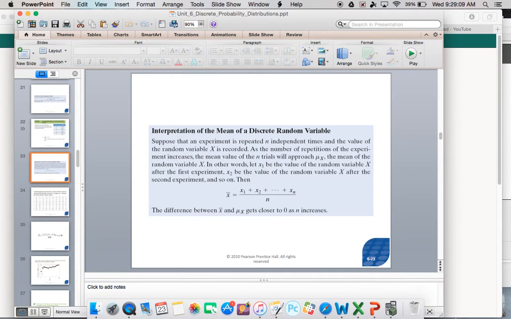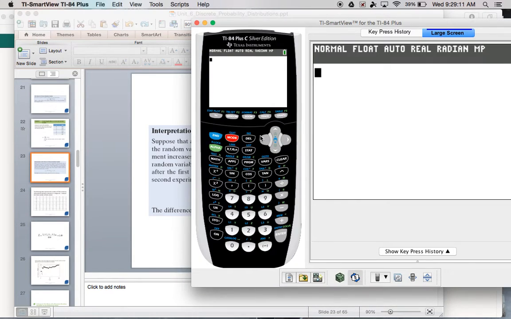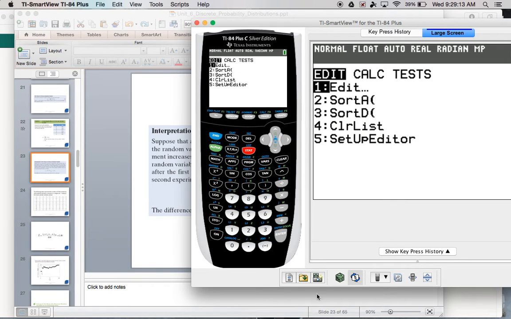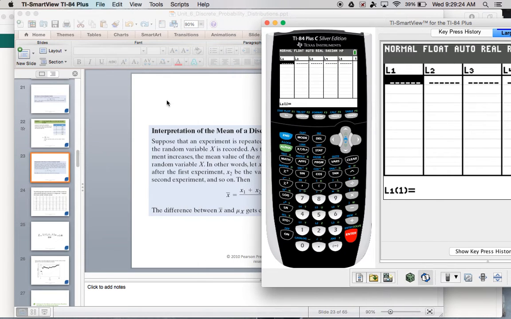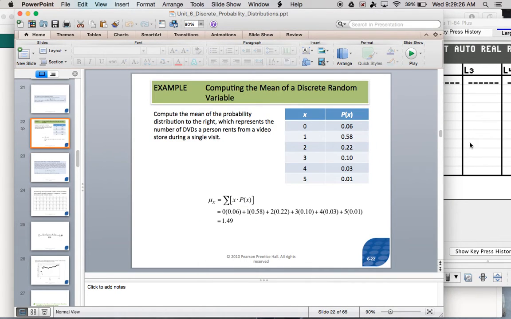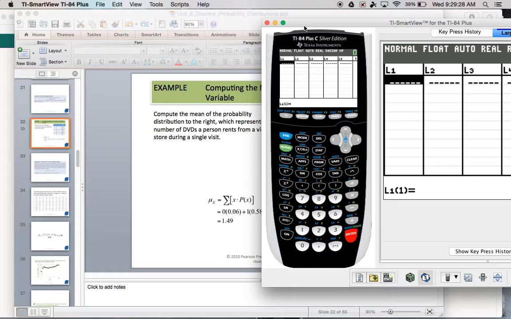I have my TI-84. I go to my stat, I'm going to go into a list. I'm going to clear this list. Let me go up to the top here, to the L1, clear it, enter. Now I'm going to go back to this list right here, and I'm going to enter in those values.